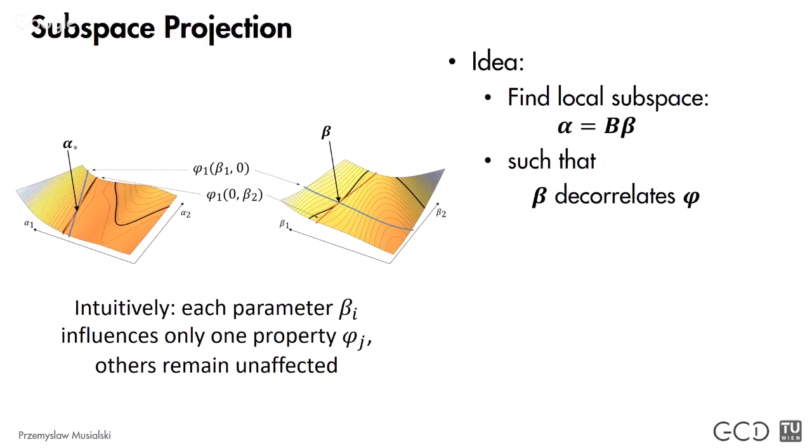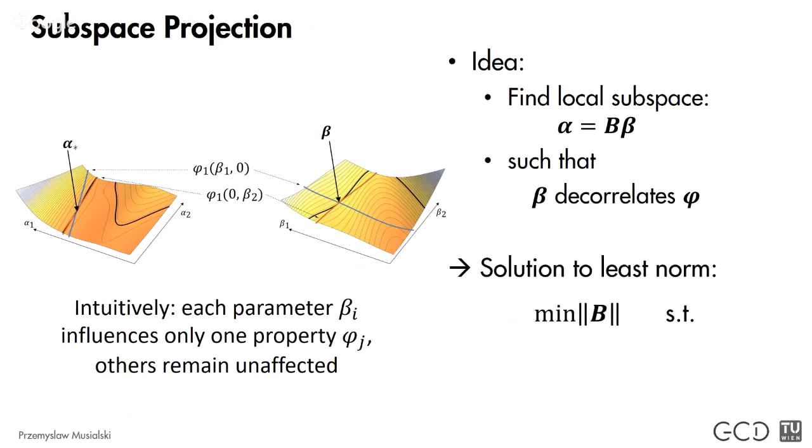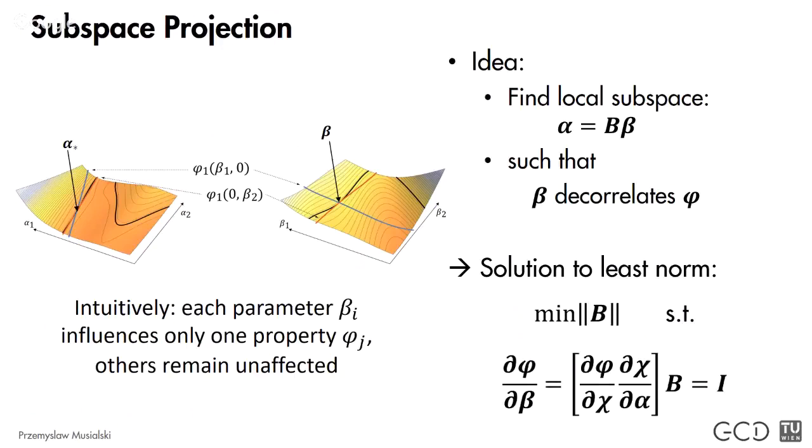and this can be achieved if we solve locally a least norm problem. So this is again an underdetermined problem, so we have to solve a least norm problem such that this Jacobian here, of the parameterization, and phi is the vector of properties, and we are looking for a mapping beta additionally that this whole expression is an identity.